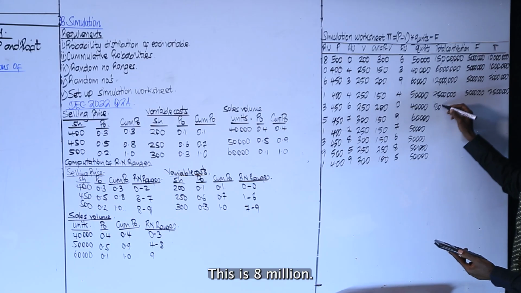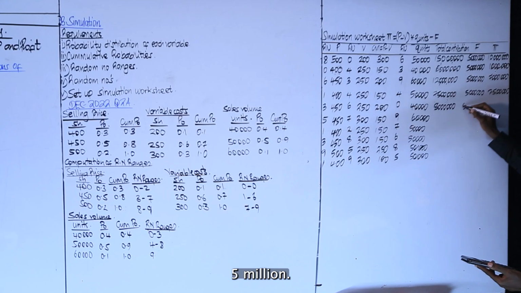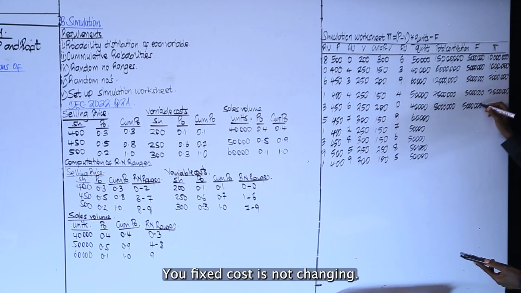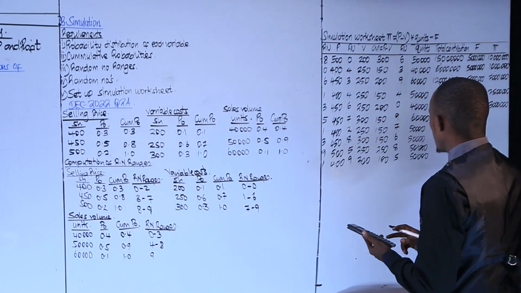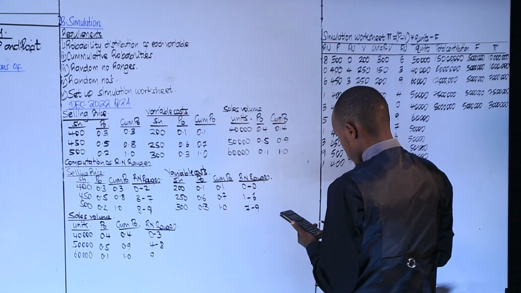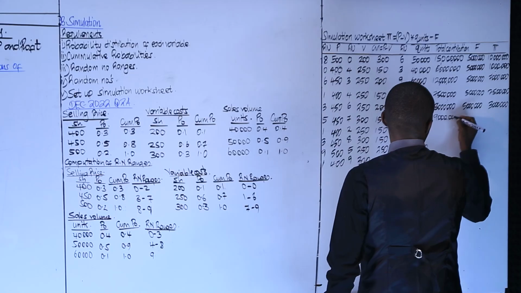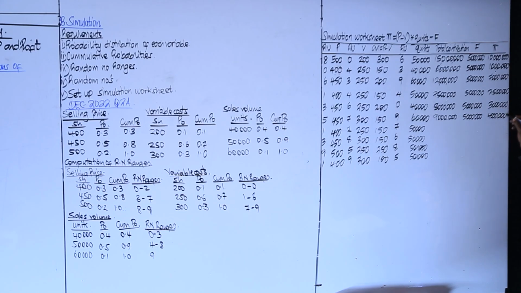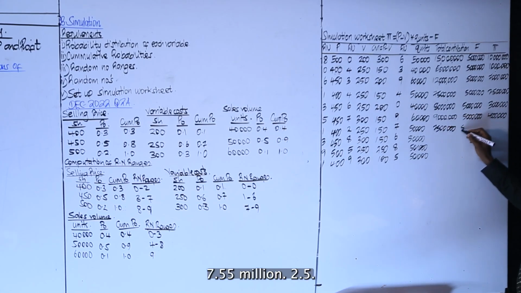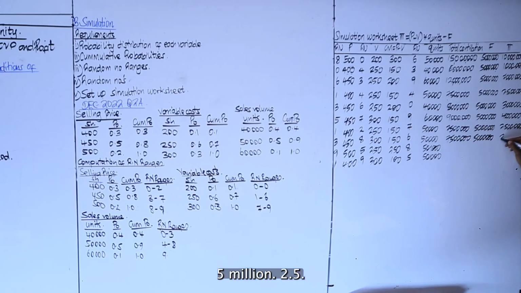This is 8 million, less 5 million, if fixed cost is not changing, is 3 million. 9 million less 5 million is 4 million. 7.5 less 5 million is 2.5. 7.5 million, less 5 million, is 2.5.